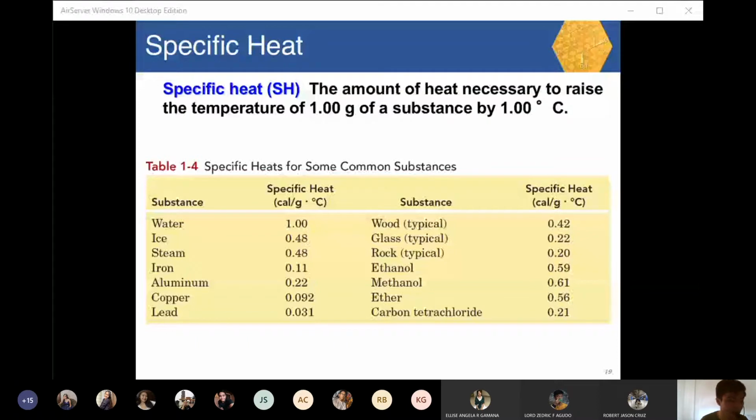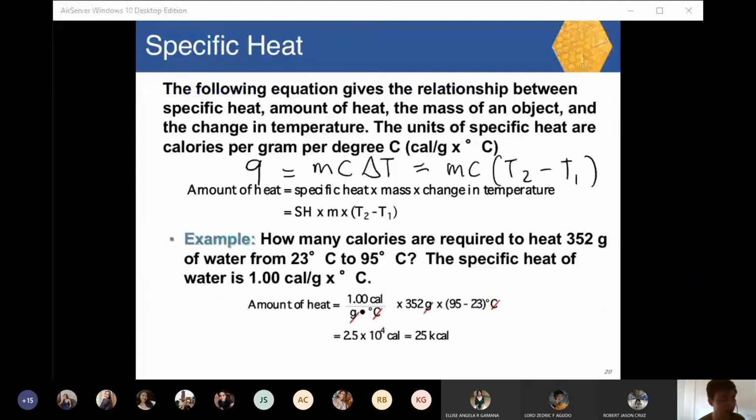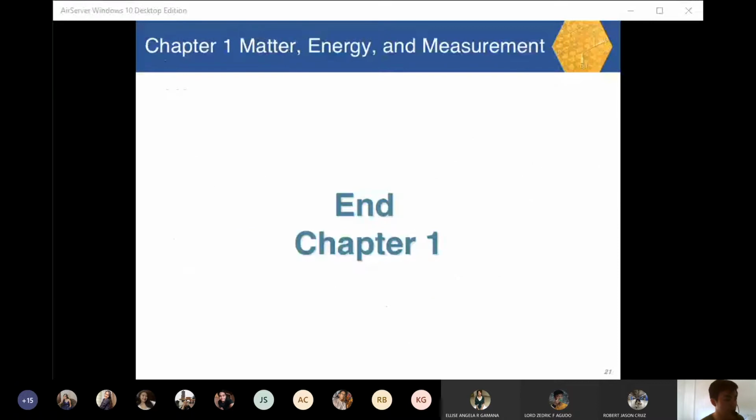We call that the specific heat constant. To solve for the energy required, that's Q equals mc delta T, where delta T is the change in temperature, C is the specific heat, and M is the mass. The rest is just plugging in your numbers. So that ends chapter 1.